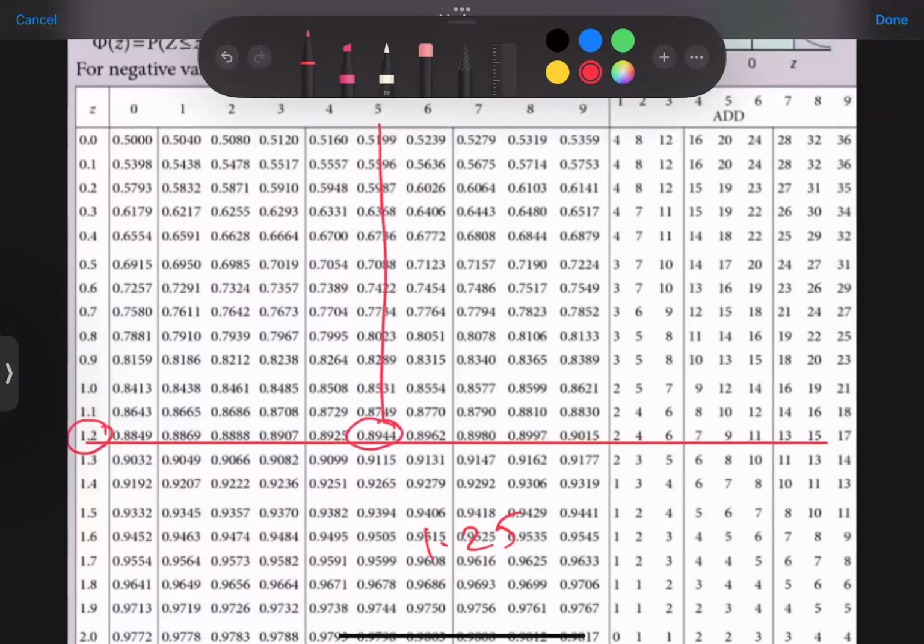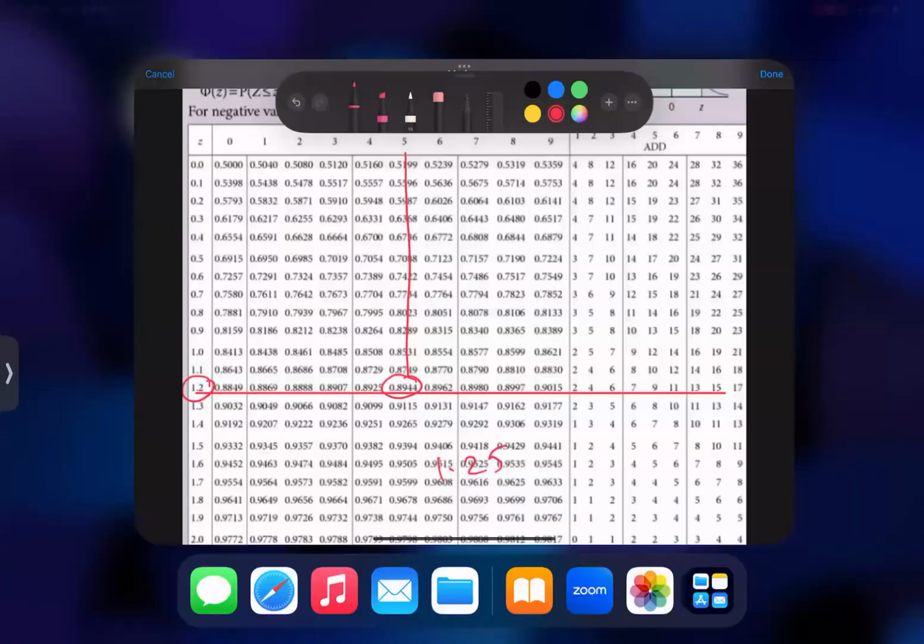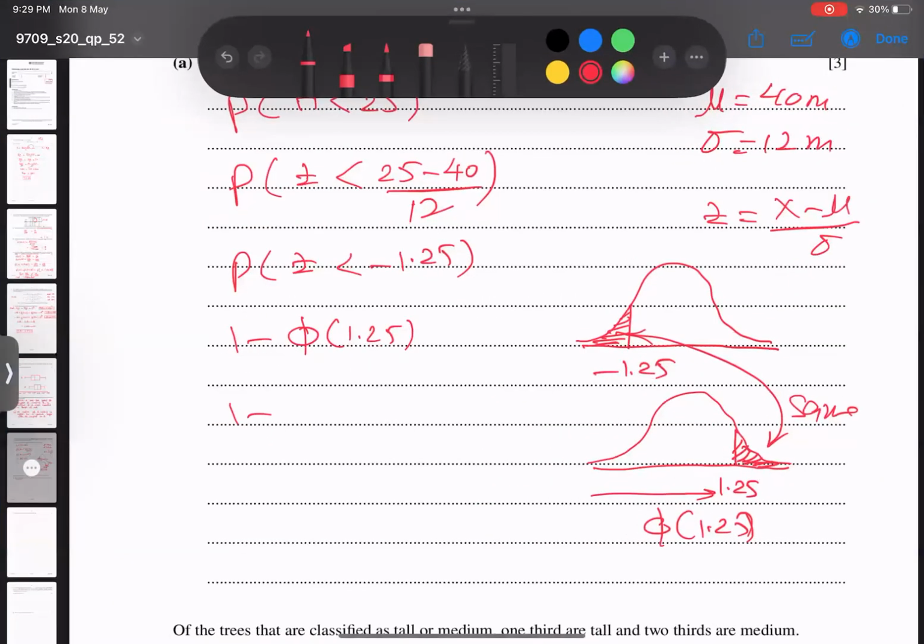So 0.8944, sorry. Now if I subtract it from 1, the answer comes 0.1056. Yes, so this is the probability he was asking.